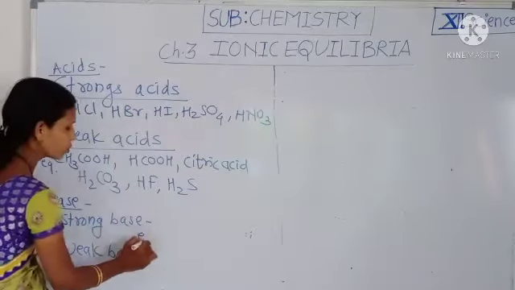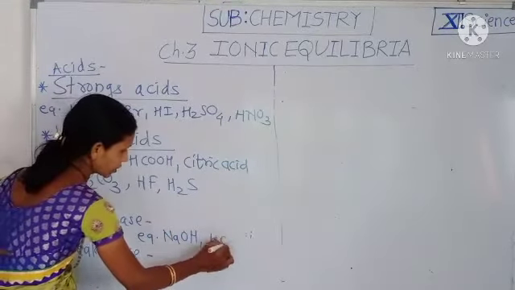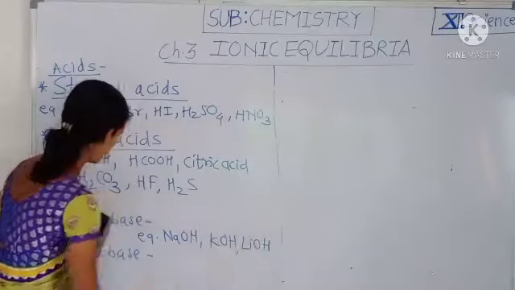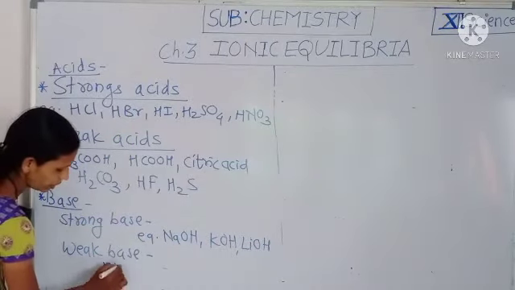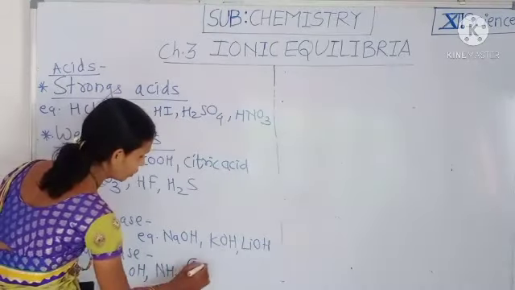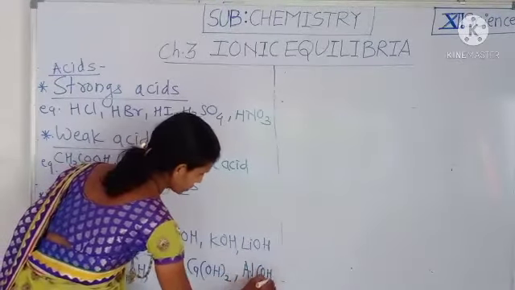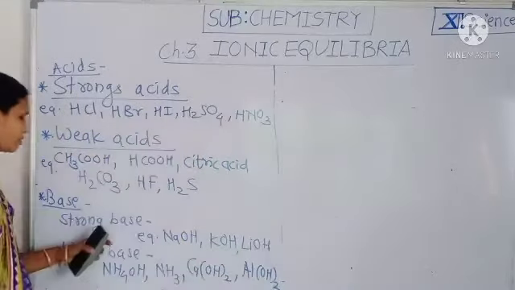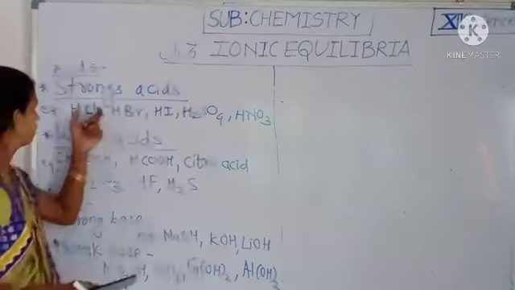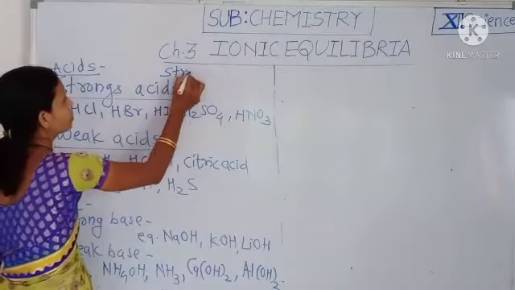See here, examples of strong base are NaOH, KOH, LiOH, whereas NH4OH, ammonia, Ca(OH)2, calcium hydroxide, Al(OH)3, Mg(OH)2 are a few examples of weak base.